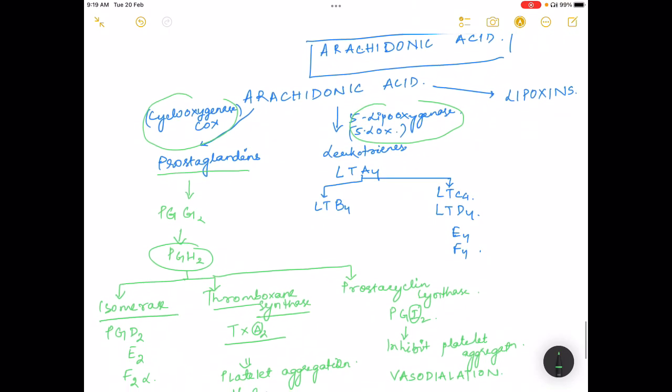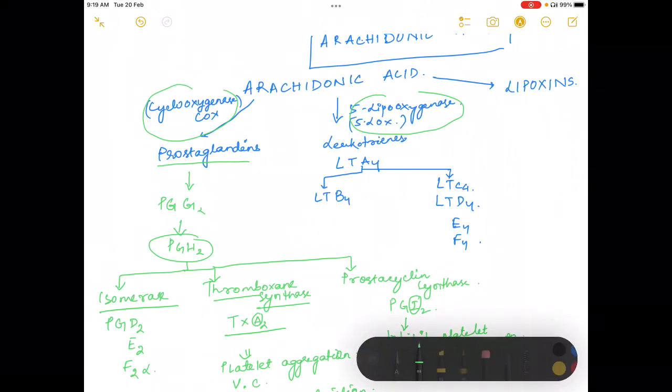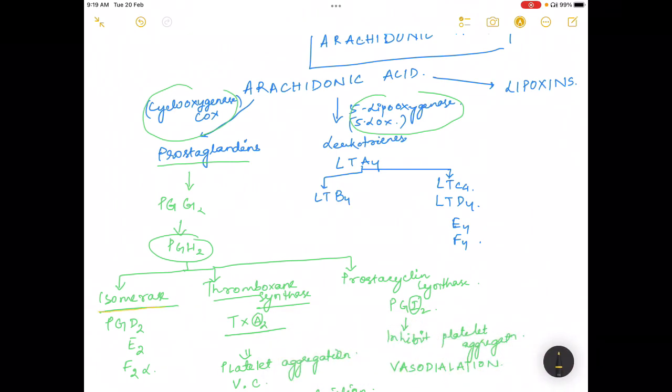So what are the prostaglandins and how are they formed? First the COX enzyme acts and then there is formation of PGG2, then formation of PGH2. Then there is action of isomerase, thromboxane synthase and prostacyclin synthase. Isomerase gives rise to PGD2, E2, F2 alpha.